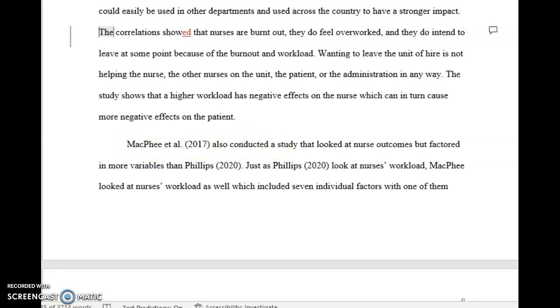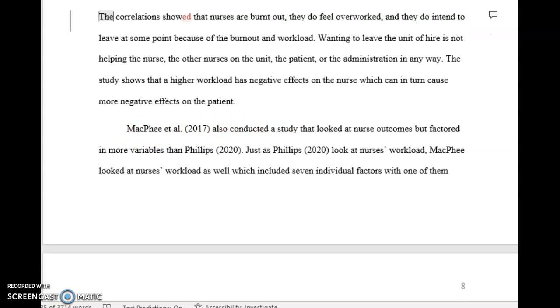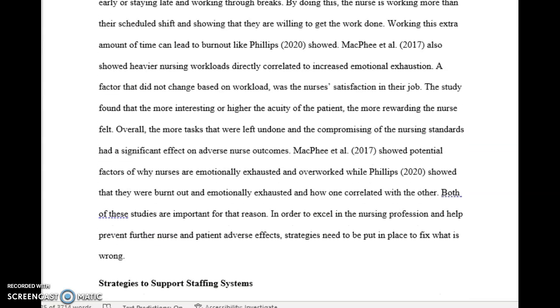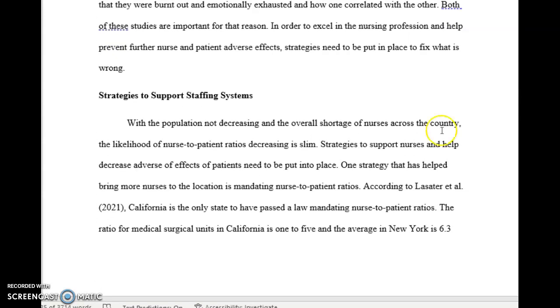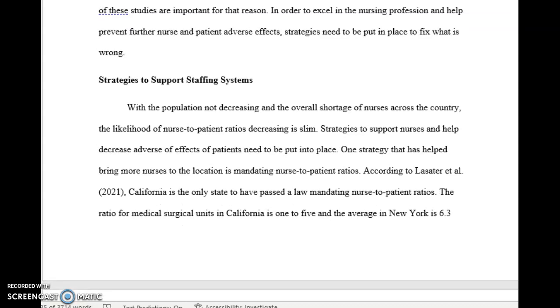And so nice movement into the next article. And now we have our third topic area, which is titled Strategies to Support Staffing Systems. Now, it would be fine if you had more than 3 topic areas, but the minimum would be 3.